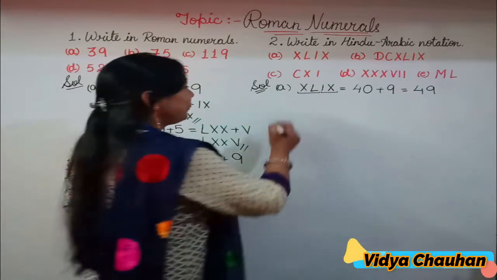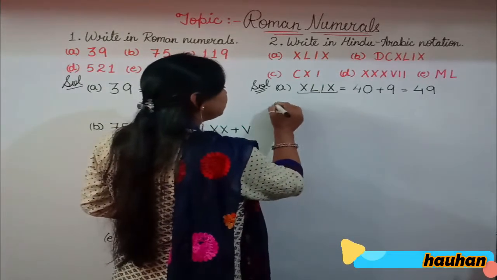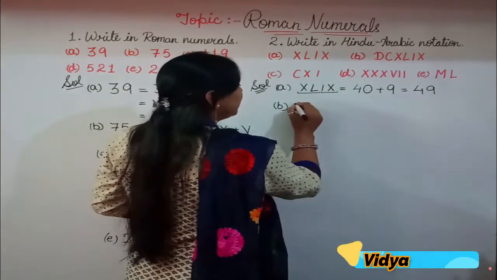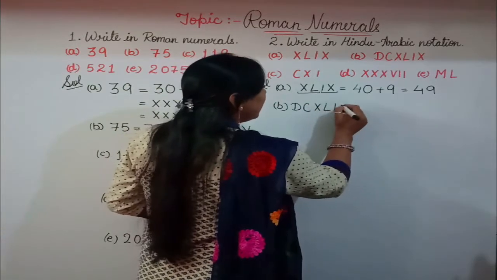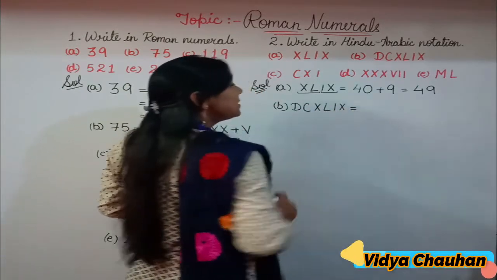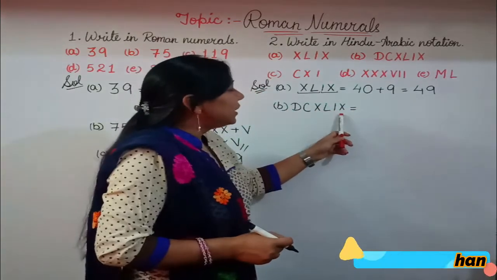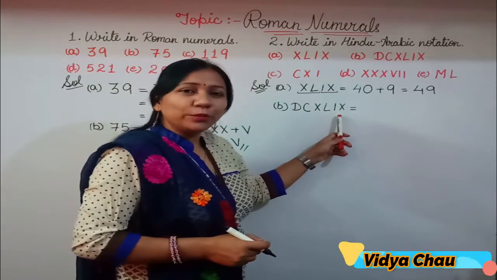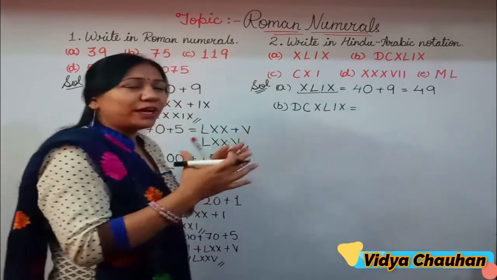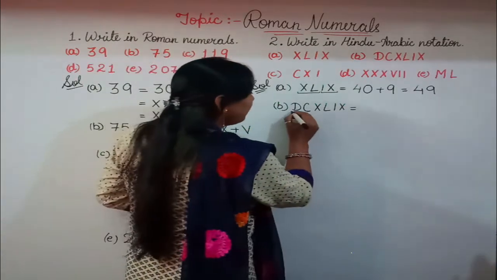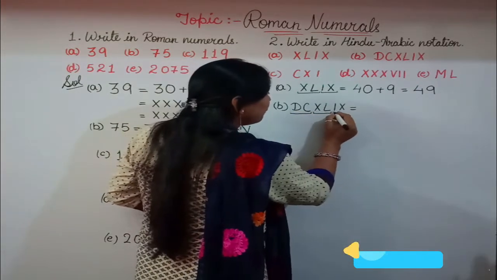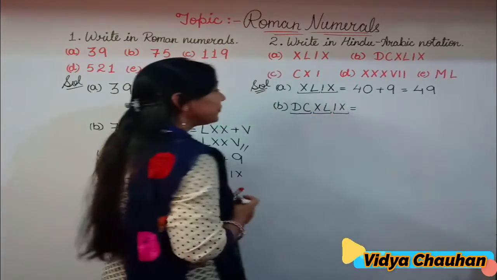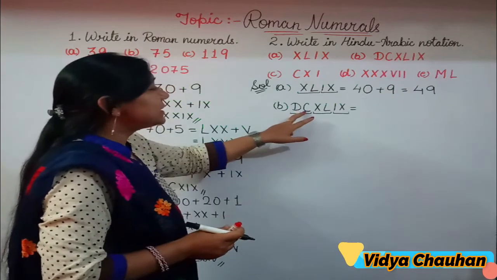Okay students? Taking the second part, your number is DCXLIX. Once again, for finding the Hindu Arabic number for this Roman numeral, first we have to find the groupings. If I keenly observe this, there is a group of two symbols together, the first being DC.